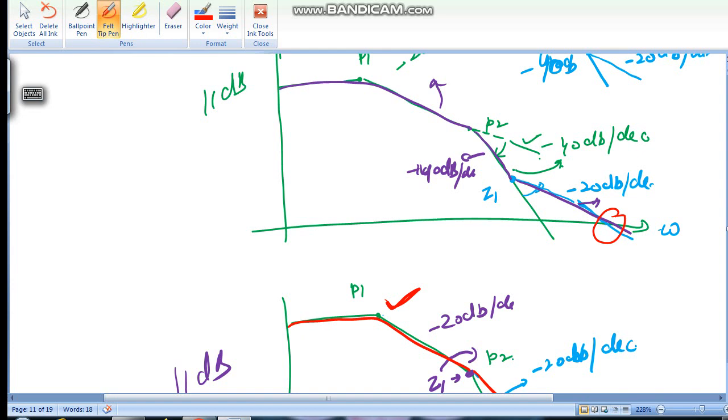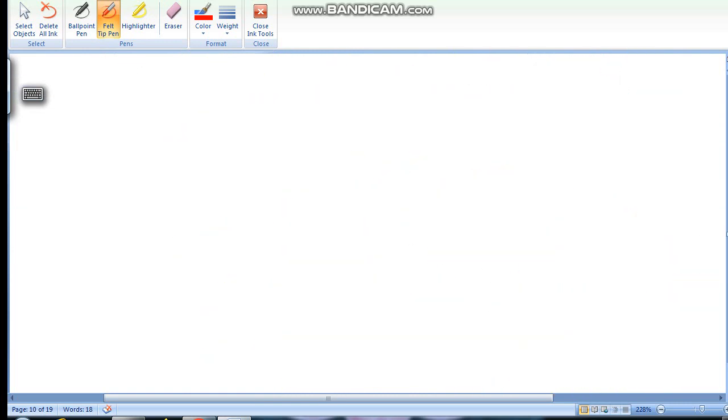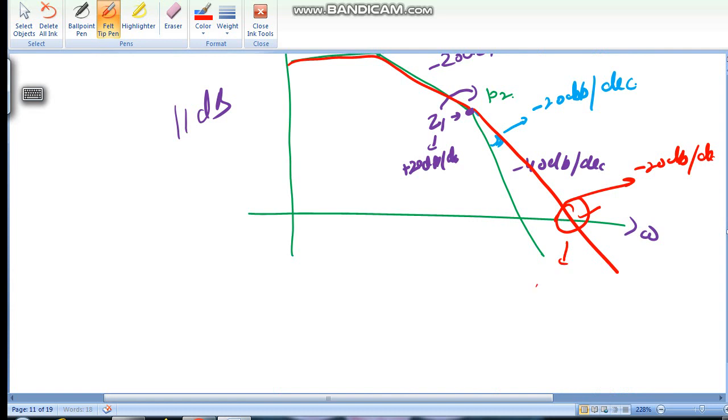This point is UGB. At UGB it is minus 20 dB per decade roll off, so the system acts like a single pole system and is stable. So we try to make our system a single pole system. Roll off near UGB should be minus 20 dB per decade, so that our system is stable and we have a good enough phase margin. Thank you.